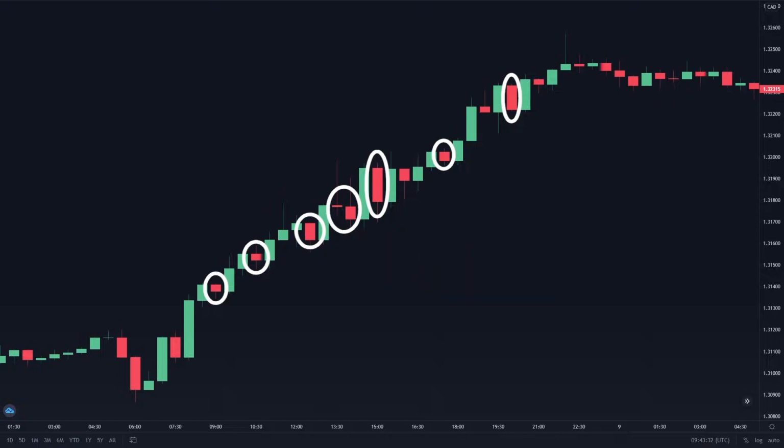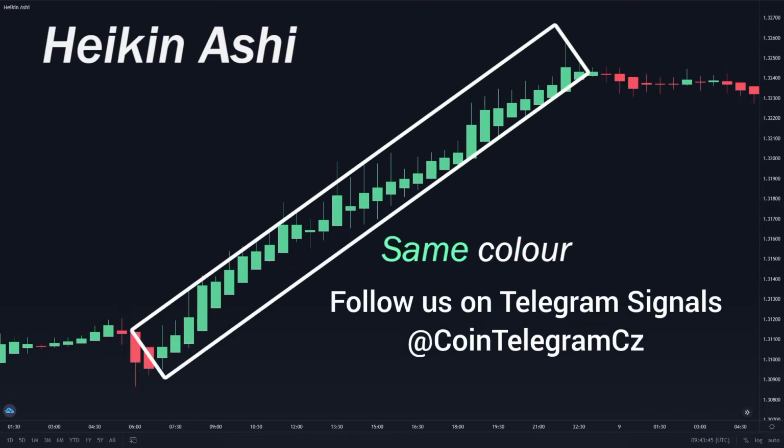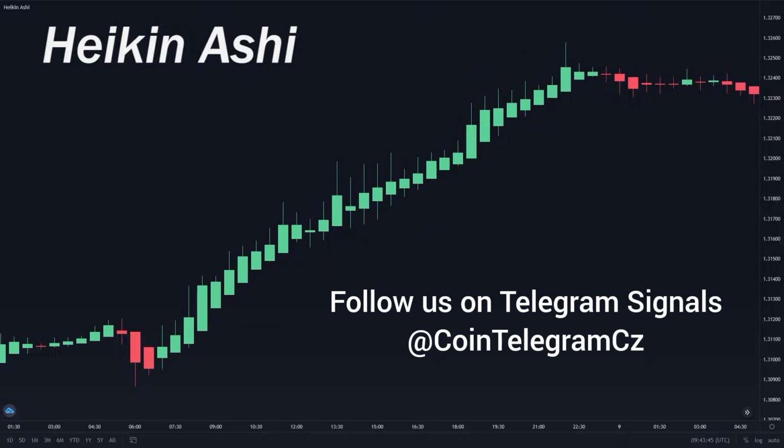So instead of looking at these annoying candles, using the Heiken Ashi, you would see all the candles with the same color. So it's easier to identify the trend real time. That's what the Heiken Ashi is for. It can help eliminate noise and shows a more clear view of the market's direction.